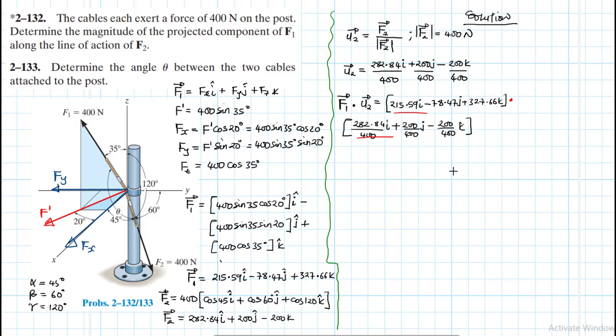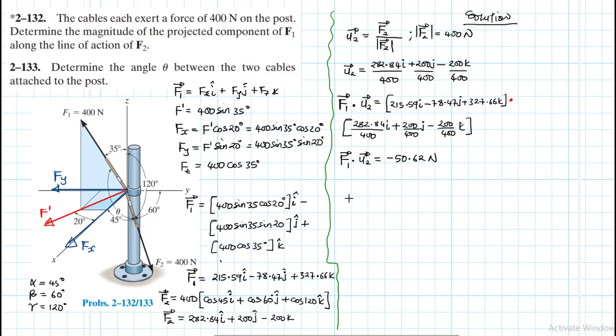So that by that, that by that, and then finally this by this, right? Remember that, right? Great. So when you do that, you are going to find that force vector F1 dot unit vector 2 is going to be equal to minus 50.62 newtons. So what does the minus say?